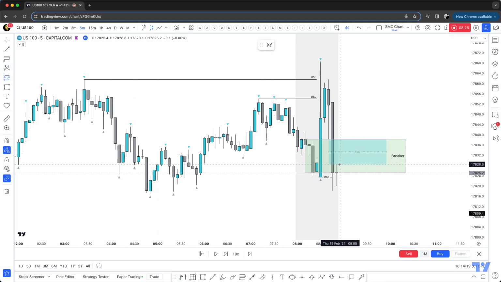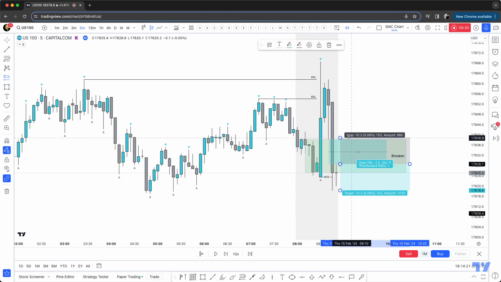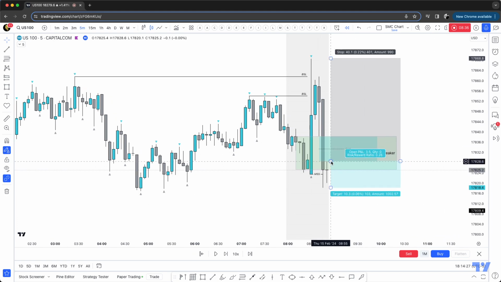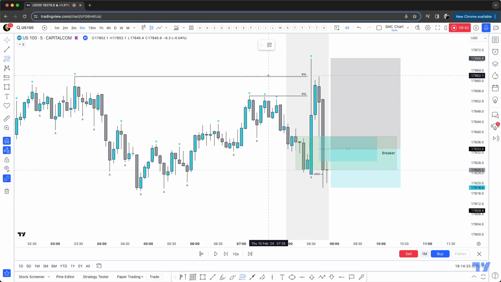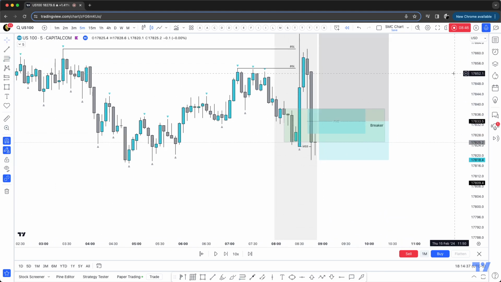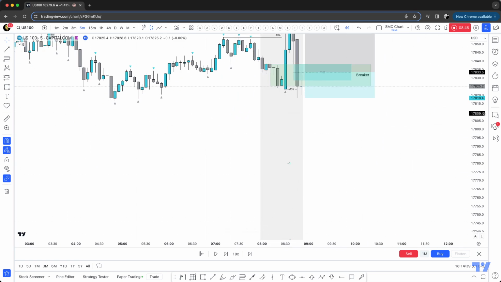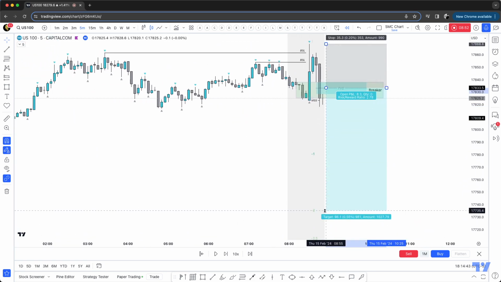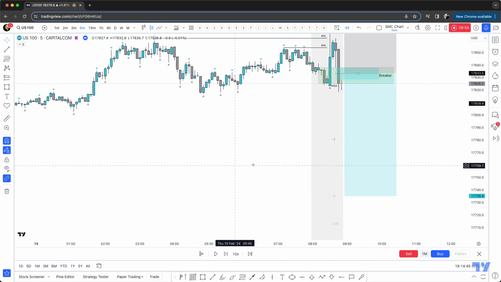Okay, you could be taking the entry right here at the fair value gap. If you want to make the stop loss shorter, you could be entering at the 50% of the fair value gap. It's up to you. Something I like to do is use the Fibonacci from the high to the low with that manipulation and use the extension so I know where I could target at least, somewhere between the 2 and 2.5.